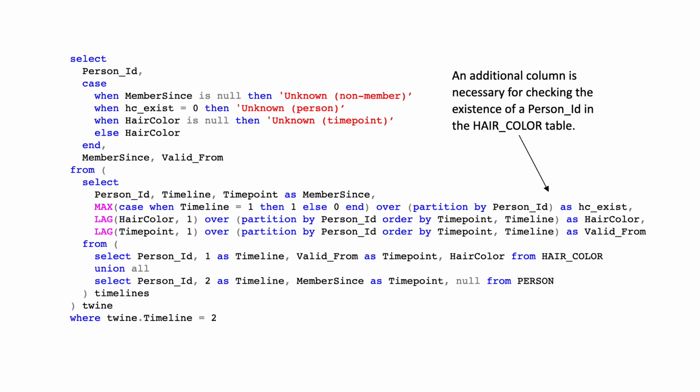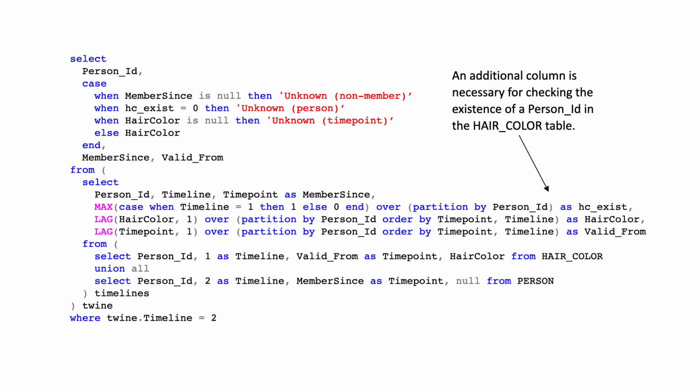We set this to the number 1, or else it will be a 0. That way, when we look at the information for each person, we can know if they had a row in that table or not. So with a small addition, we can actually do it in the twine as well.